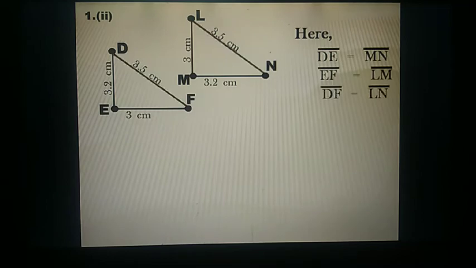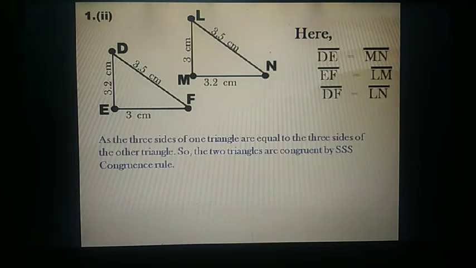So checking the pairs as per the dimension, we will have DE and MN, the first pair. Then EF and LM as the second pair. DF and LN as the third pair on the basis of the dimensions given to you in the figure. Again, as the three sides of one triangle are equal to the three sides of the other triangle, the two triangles are congruent by SSS congruence rule.